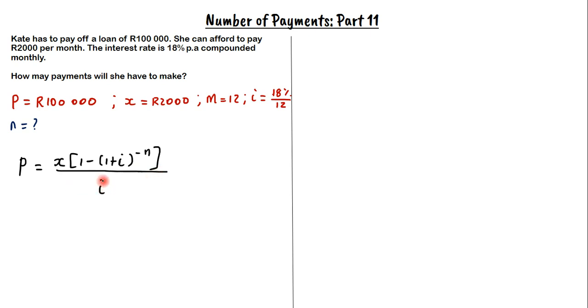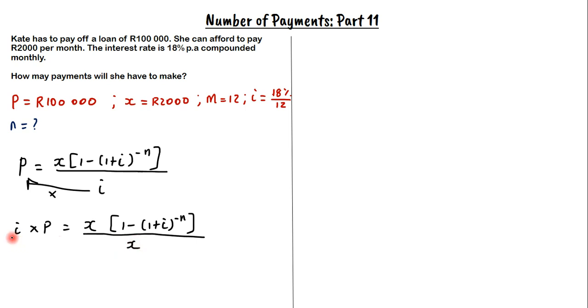over i. Again, we're going to do the same thing: cross multiply first because I need to find n. So I cross multiply, and I get i times P equals x into 1 minus (1 plus i) to the power of minus n. Now I want the part that has n, so I need to get rid of this x, and to do that I'm going to divide by x.